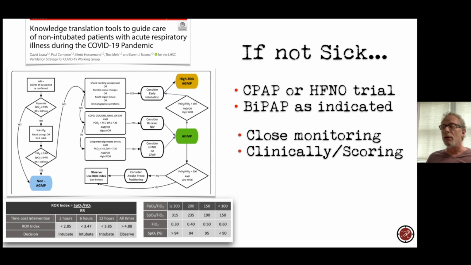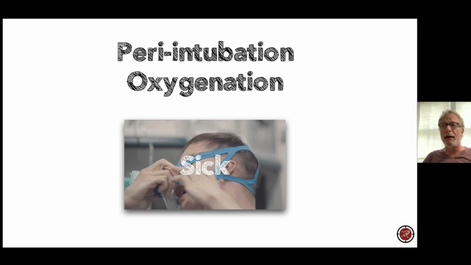So they're going to be in the same room as when they had a non-rebreather on and some nasal prongs on, and then escalate them to CPAP or high flow nasal oxygen, and then escalate in that same place for intubation if you need to do that.